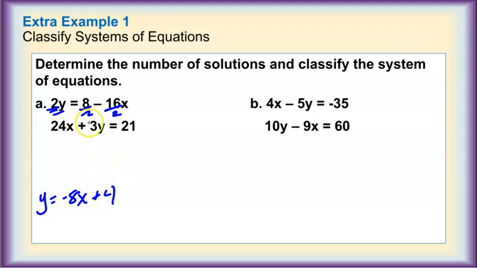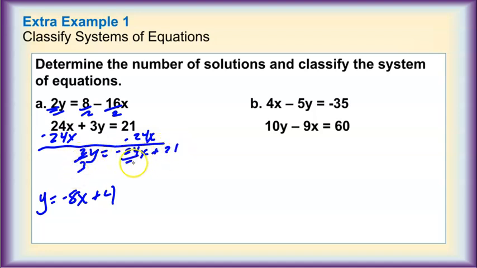And the second one here, I'm going to subtract 24x on both sides. That leaves me with 3y equals a negative 24x plus 21. Divide everything by 3. And I would have y equals a negative 8x plus 7.